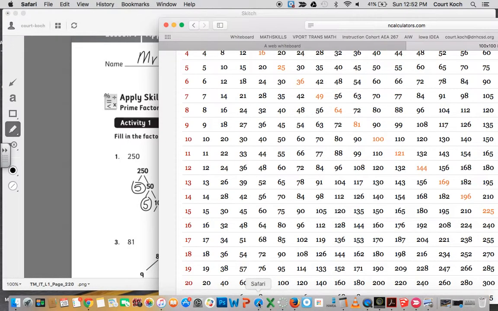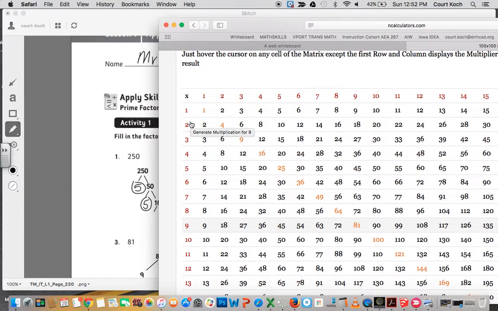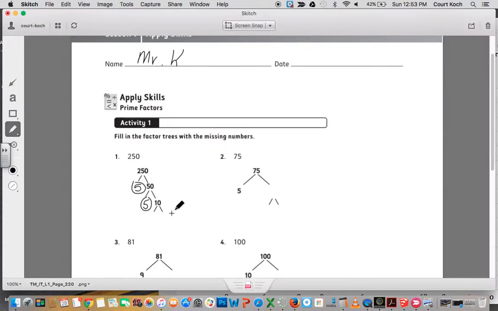Let's go back to our multiplication table. What can I break 10 into? Can I use 2? I know 2 is prime. 2 times 5 is 10, and so far 5's been prime. Two's prime, 5's prime.